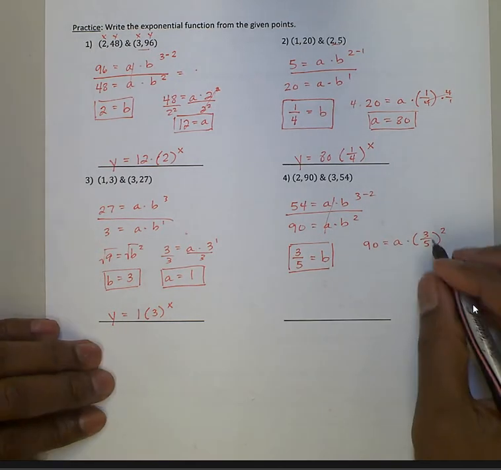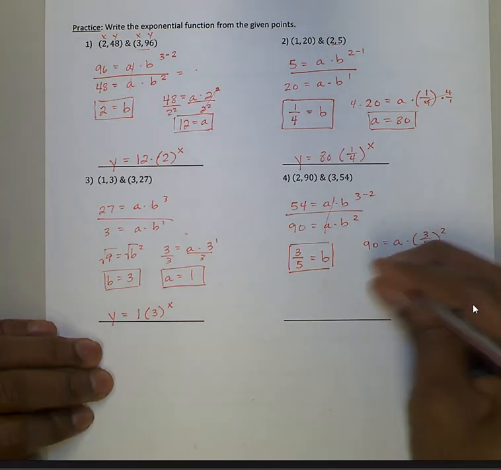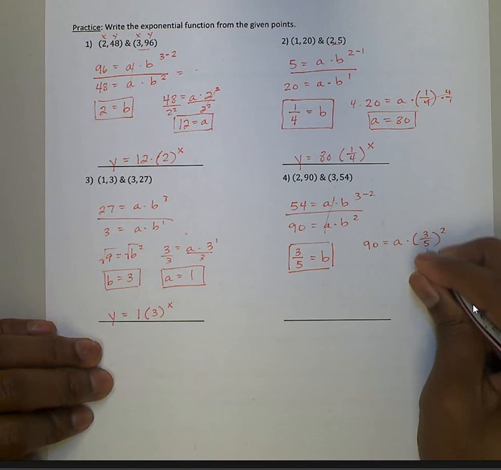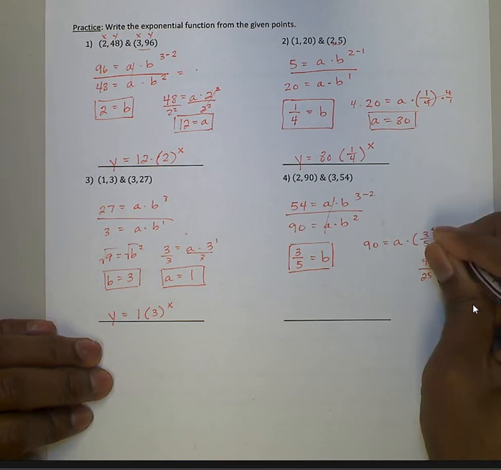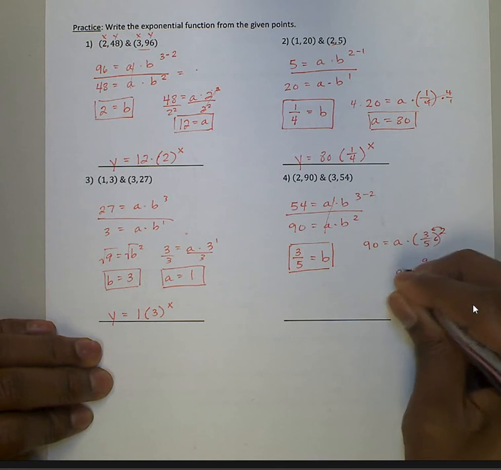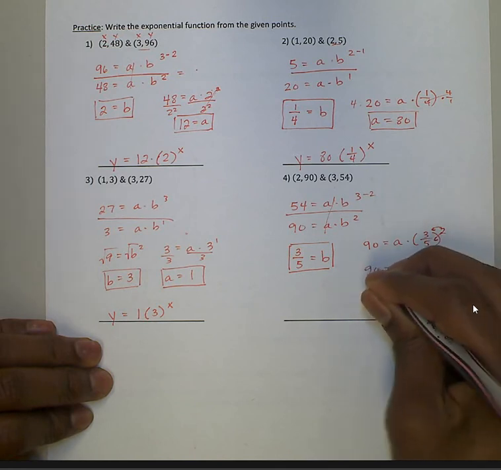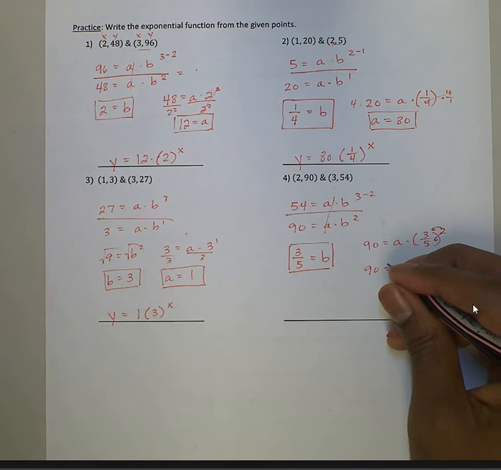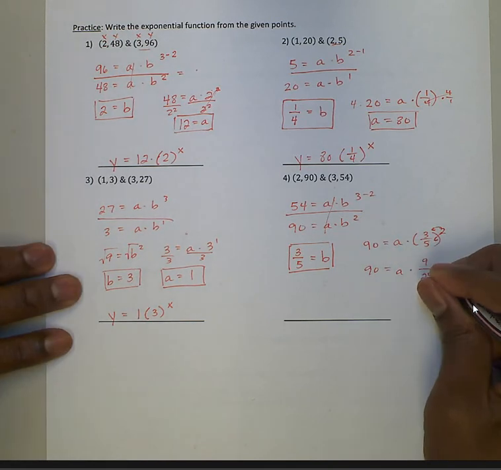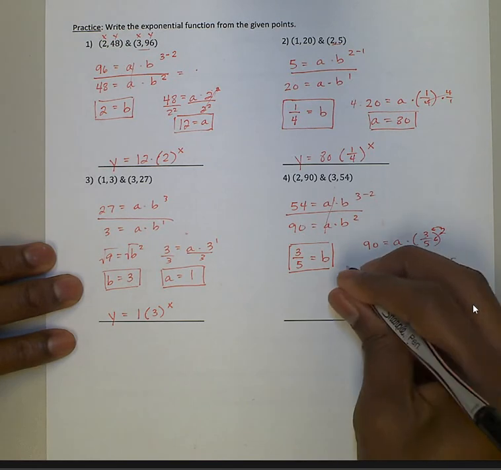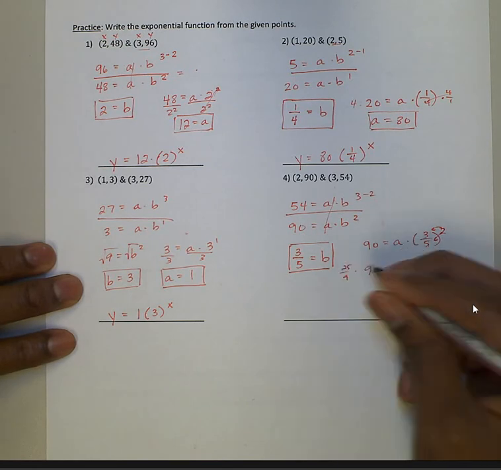Doing some real math here a little bit. 3 squared is 9. 5 squared is 25. Remember, we distribute the exponent when we're raising a quotient to a power. In order to get this done, we need to multiply both sides by 25/9. That's the same as dividing by 9/25.